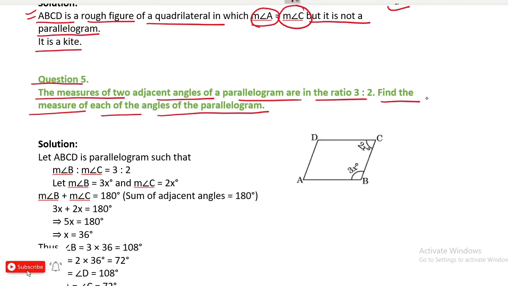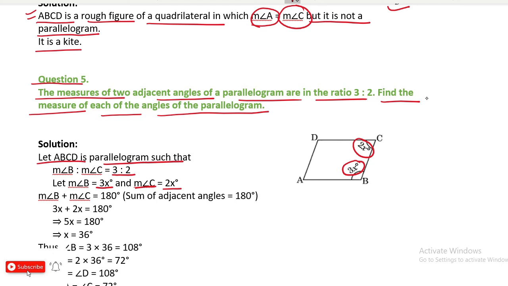Let ABCD be a parallelogram such that the measure of angle B to the measure of angle C is in the ratio 3:2. Let the measure of angle B be 3x and the measure of angle C be 2x. So we put here 3x degree and 2x degree.